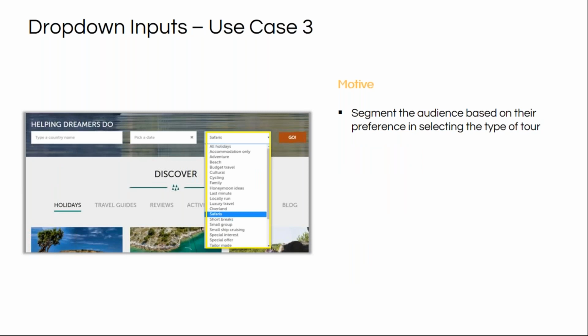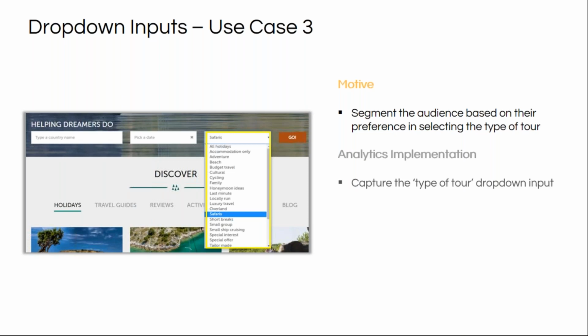Let's look at the importance of capturing a drop-down input. Take a travel website which provides different kinds of experiences for people. A visitor comes to the site and searches for a specific destination and a specific type of experience, let's say safaris. He will make his selection and go through the site, get the available data, and probably compare those data with the competitor's site.